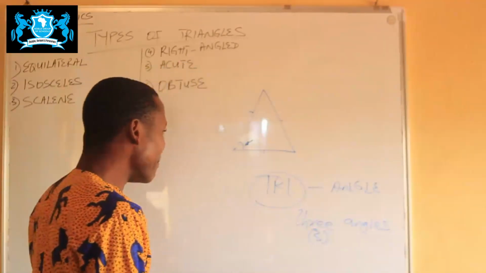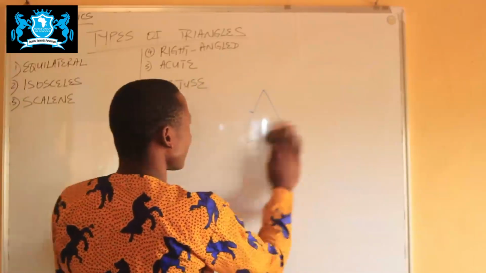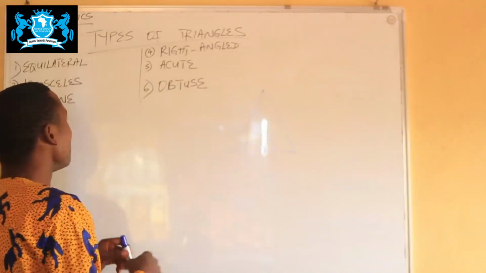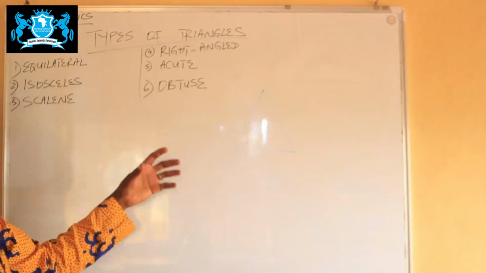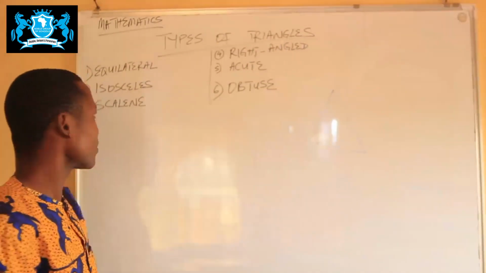However, there are many types of triangles. We have about 6 of them. You can classify a triangle based on the sides, or you can classify a triangle based on the angles.